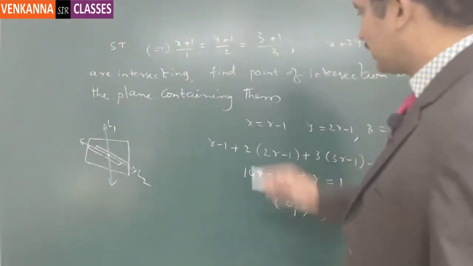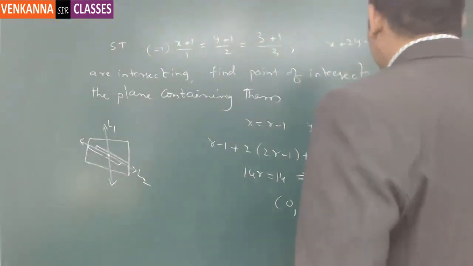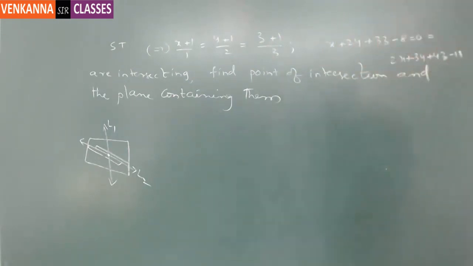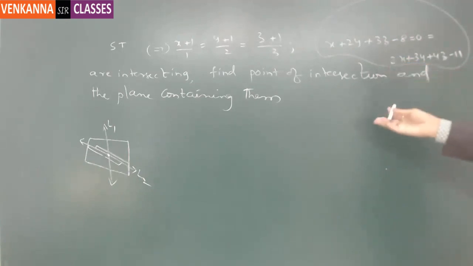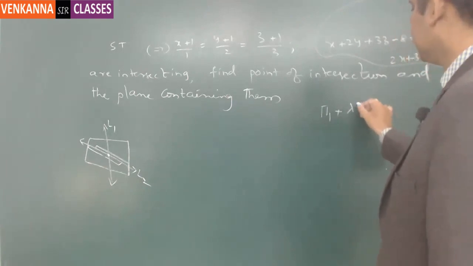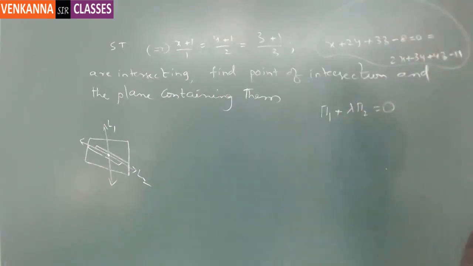Now, to calculate the plane containing them, I will do like this. I am going to write the plane equation which is containing the second line. Why am I writing this? Because the second line is given in unsymmetric form. Straight away I get a formula: pi 1 plus lambda pi 2 equal to 0.